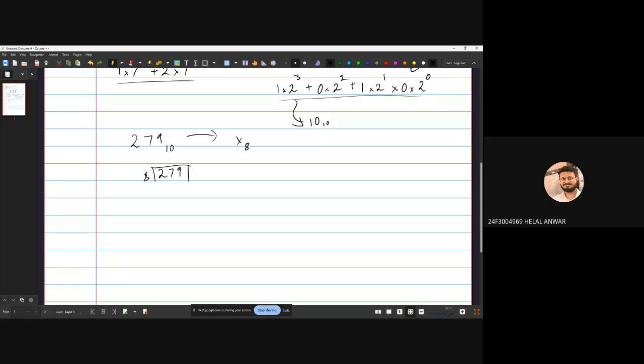The quotient will be on one side and the remainder will be left over. Whatever will be there will come back. So let's just say it is what? We get 34 along with 7 as the remainder. Is this correct? Yes, sir.